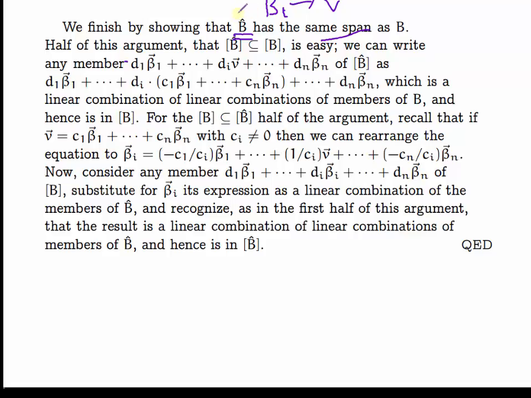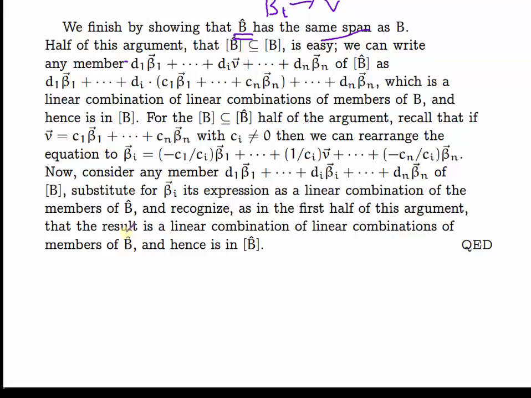And then we can use the same argument. Since I can get beta_i as a linear combination of the vectors in beta hat, and certainly all the other betas are linear combinations of the vectors in beta hat, that means that I can get any vector in the span of B as a linear combination of the vectors in beta hat.